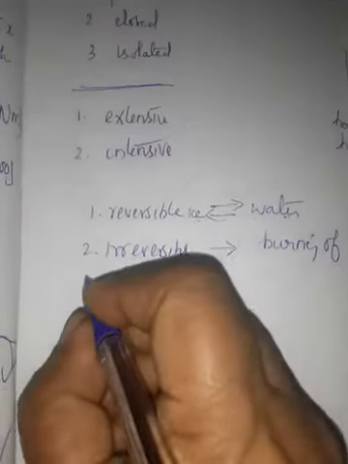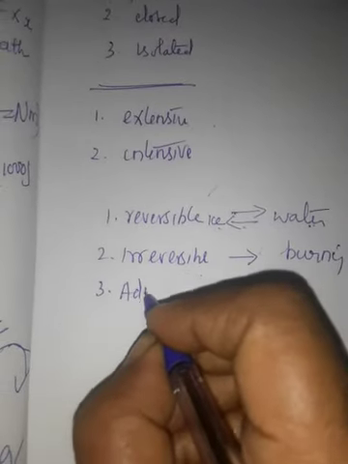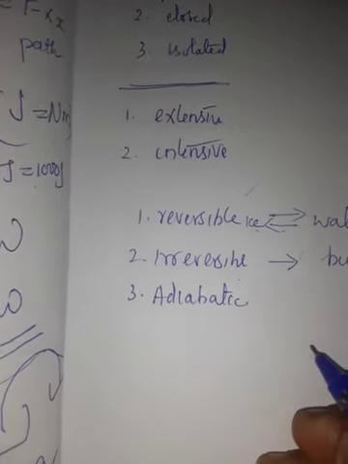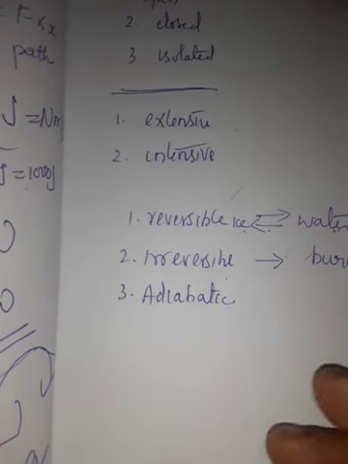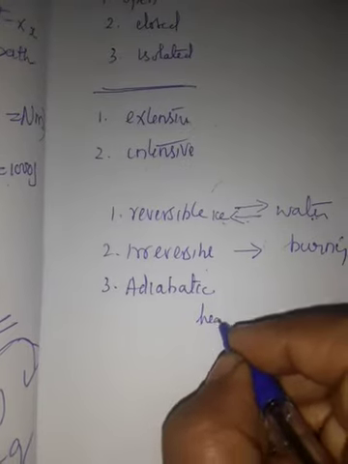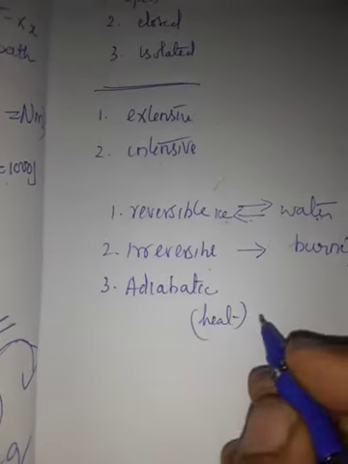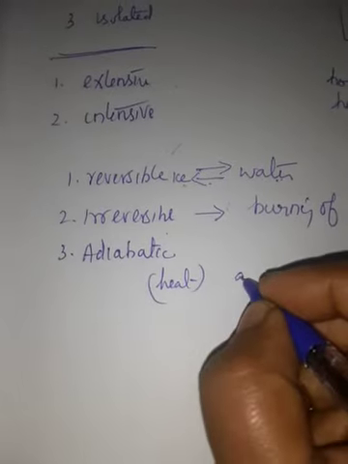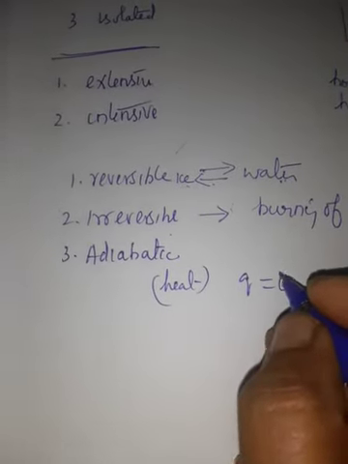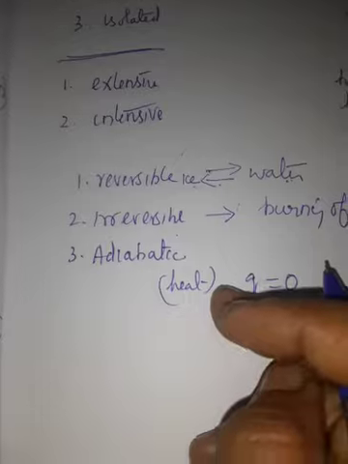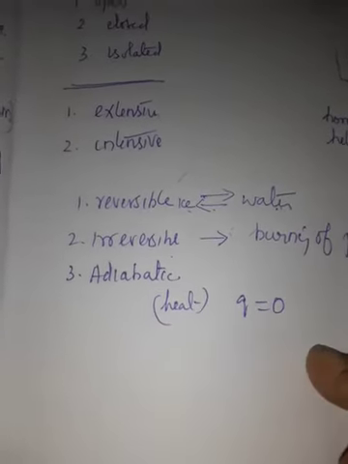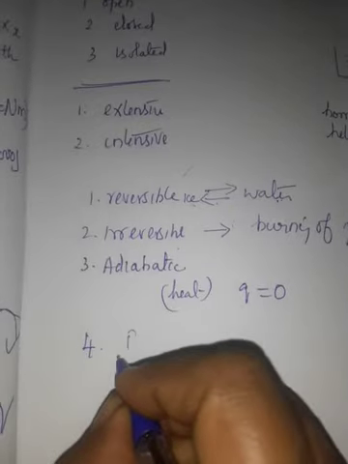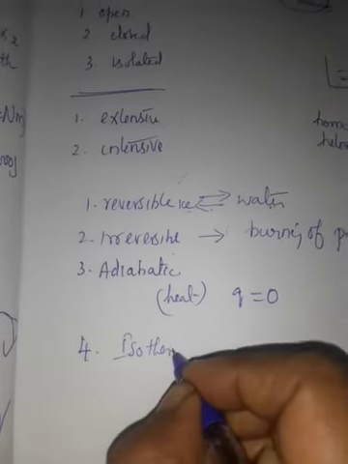Next, the other one is the adiabatic process. An adiabatic process is one in which there is no exchange of heat between the system and the surrounding. So for an adiabatic process, Q is equal to 0. That is called an adiabatic process. Next, the isothermal process.